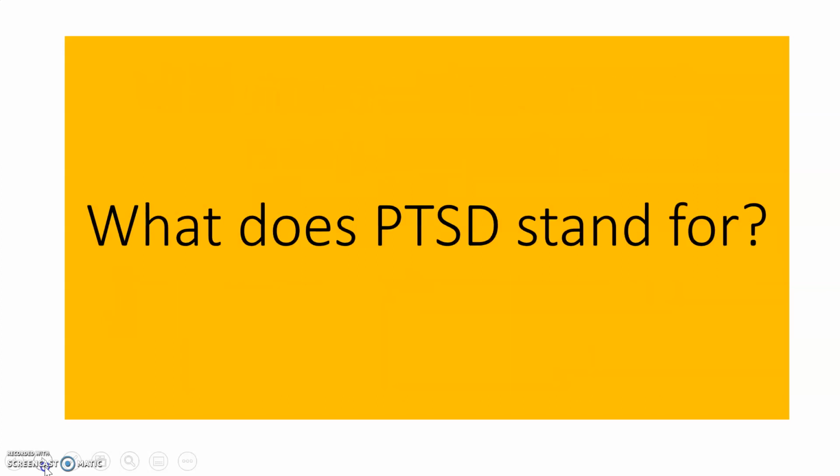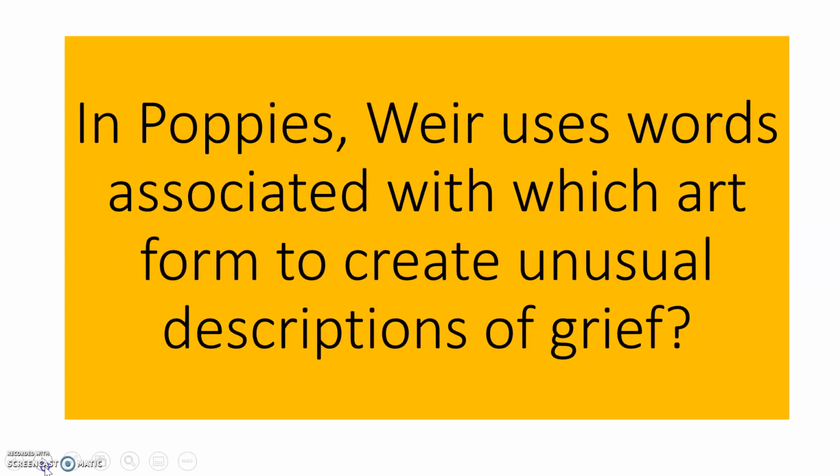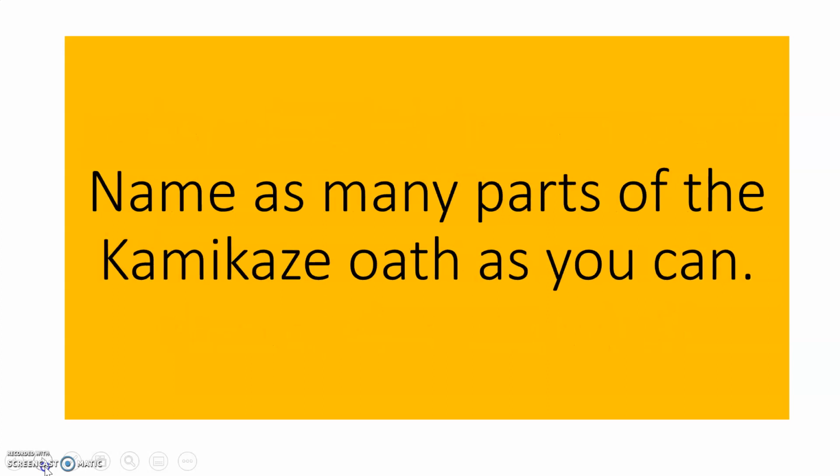Number 4, PTSD, what does it stand for? Number 5, in Poppies, which words associated with a particular art form were used to create unusual descriptions of grief? And finally then, as many parts of the Kamikaze Oath as you can remember. And get ready to mark.